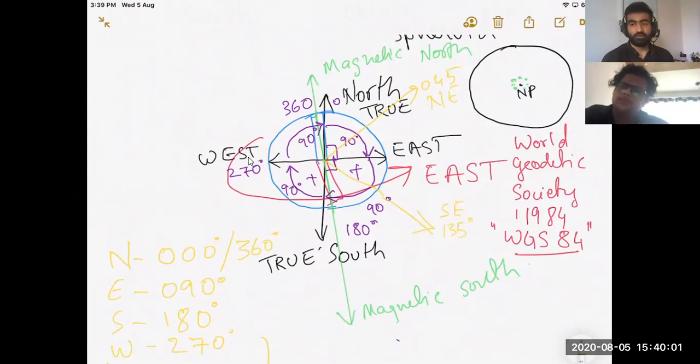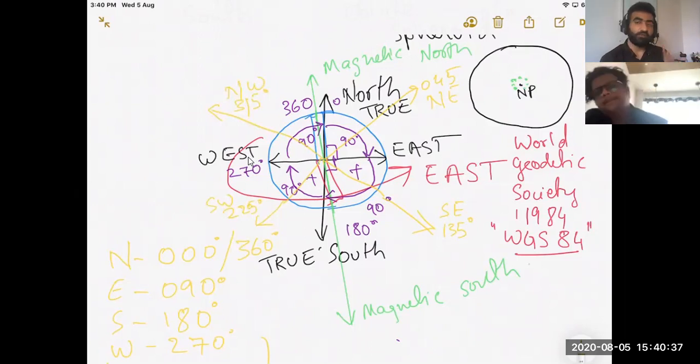In between south and west, 45 degrees separating each other, you have southwest. What is the value of southwest? 180 plus 45, 225 degrees. And 45 in between west and north, northwest, which is 315 degrees. So these are your total directions.